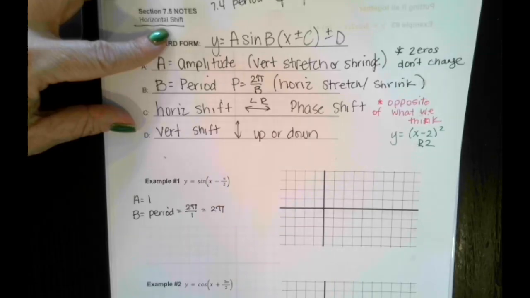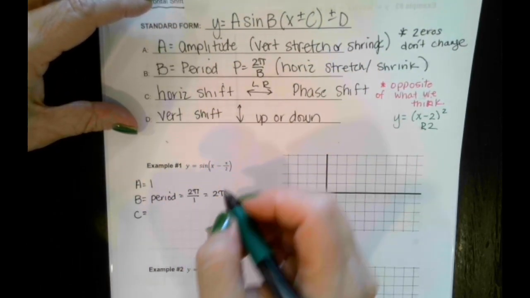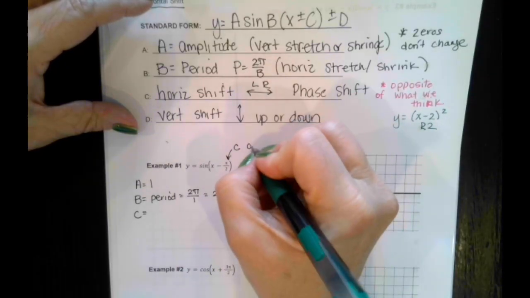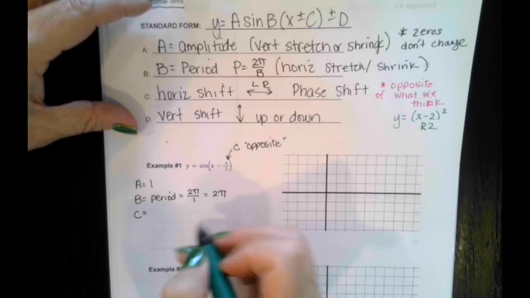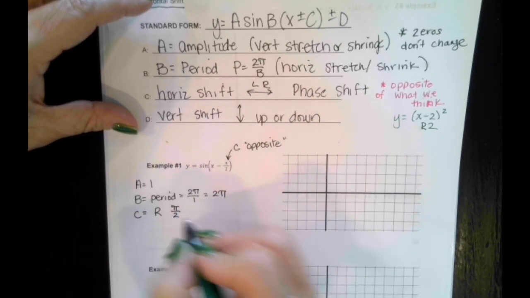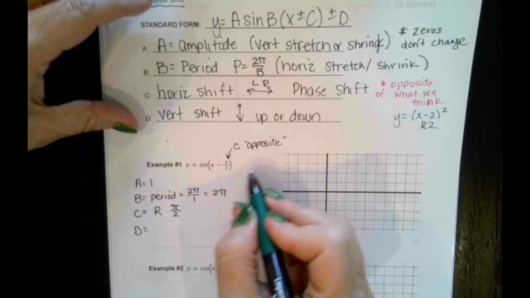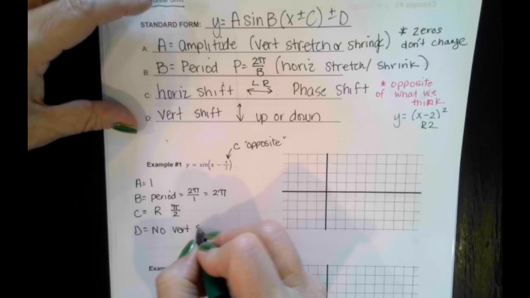We would just say that my period is 2 pi. My C is my phase shift, and this value here is my C. Remember, this is opposite of what we think, so I'm going to go to the right by pi over 2. And my D value, I don't have anything out here, so I have no vertical shift.